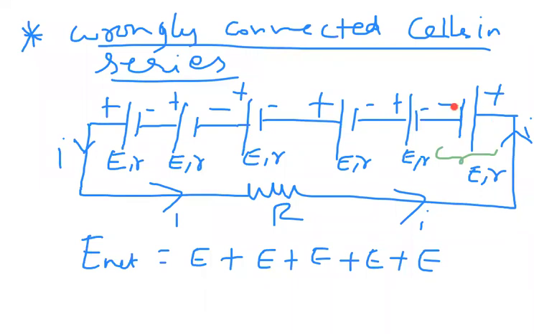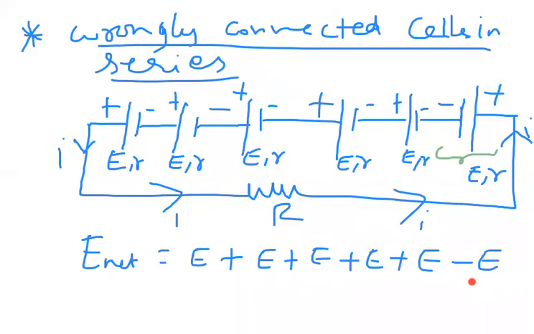Reverse connected means I have to use minus E. EMF has direction, so negative to negative connection will give E minus E. It is a scalar quantity, but still it has direction. So if you connect in reverse, we have to use a minus sign for the cell, because of the direction.